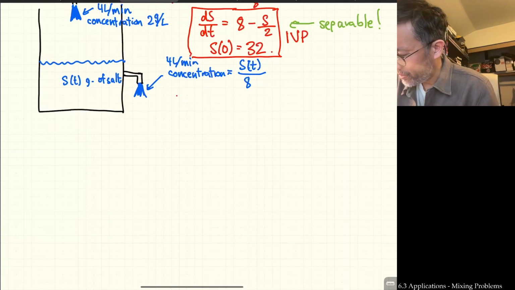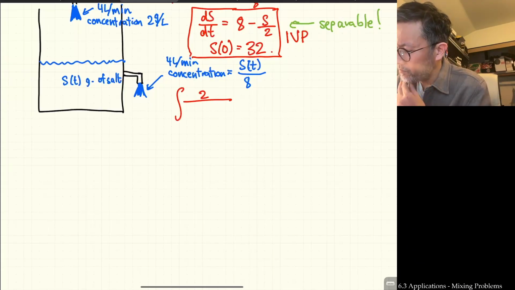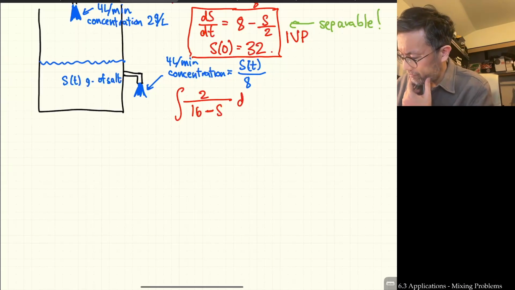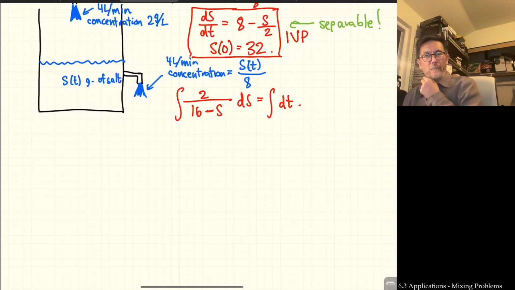So I get the integral of 2 over (16 minus s) ds equals the integral of dt. So all I've done is first rewrite 8 minus s over 2 as a single fraction, giving it a common denominator. And then I divided by it to get this, and then integrate. It's the usual story.